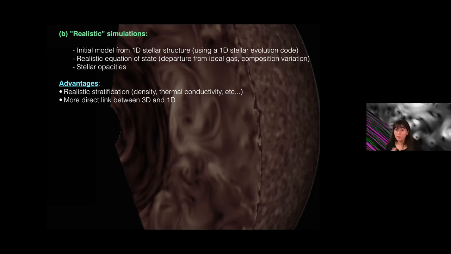Depending on the object you're studying, you can include departure from ideal gas, you can include composition variation, etc., and including as well realistic stellar opacities, the ones that are used to generate your 1D stellar model. The advantage of that is that you have a realistic stratification in terms of the density and the thermal conductivity, and therefore you can derive a more direct link between your 3D simulation and the 1D model or the target star you're interested in.